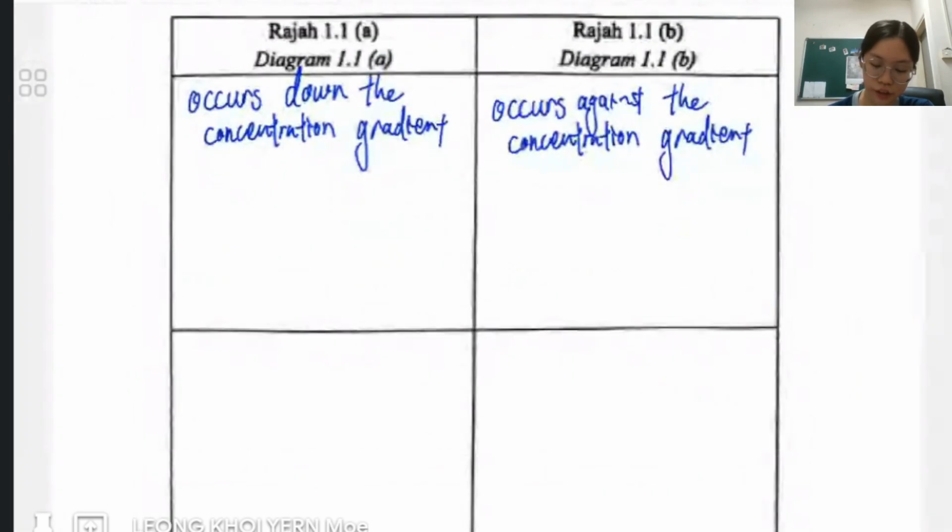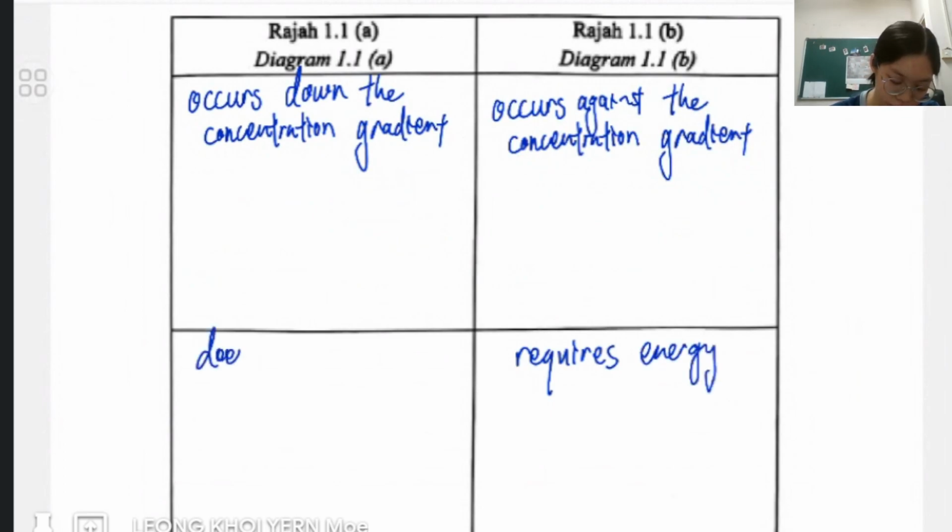Since this one is active transport, it requires energy. This one is very direct, and this one does not require energy.